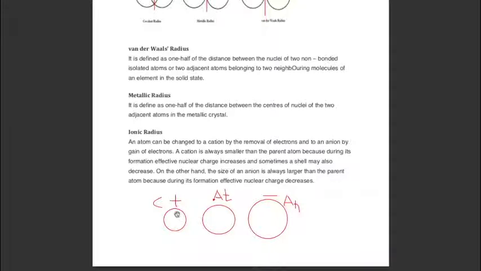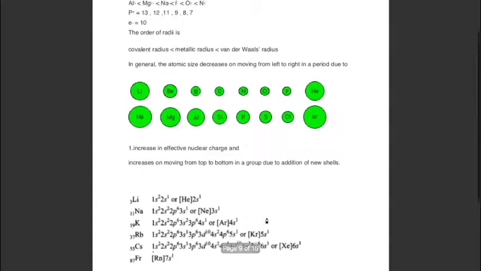So the size of a cation becomes smaller than the neutral atom, and the size of an anion is larger than the neutral atom, because in an anion the number of electrons is more and the number of protons is less, hence the size of an anion becomes larger than the size of the neutral atom.